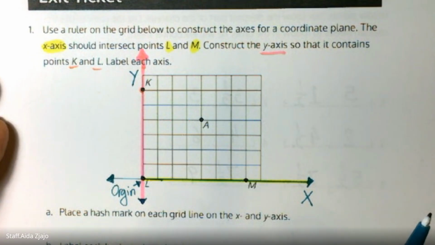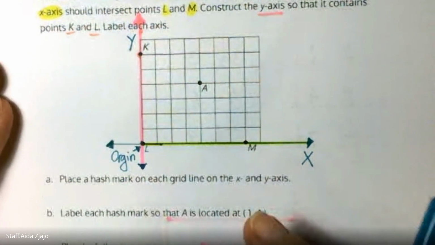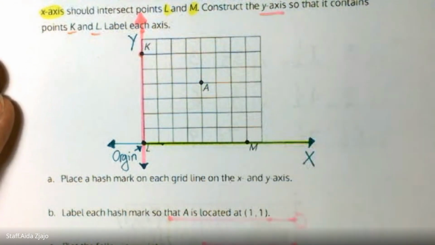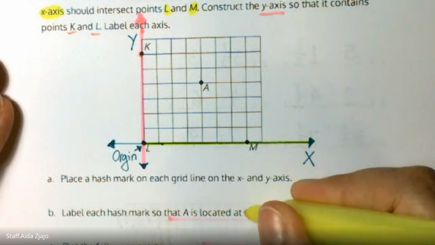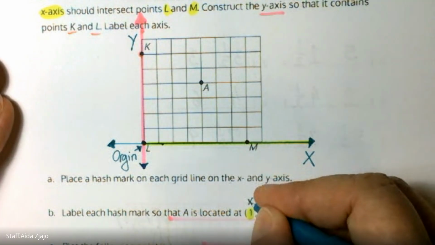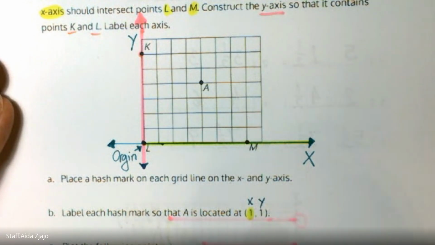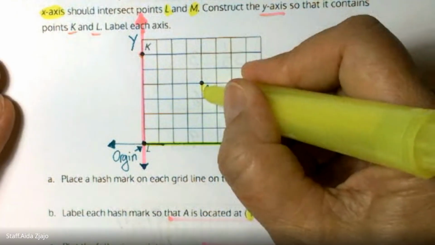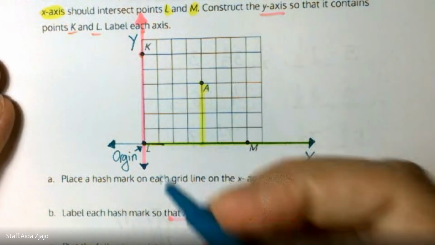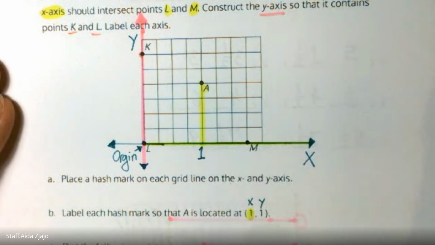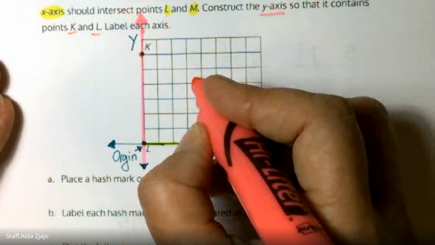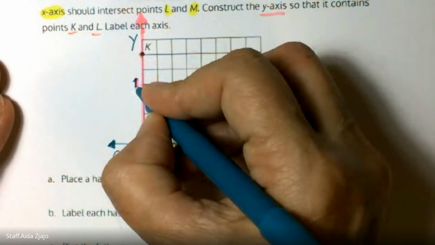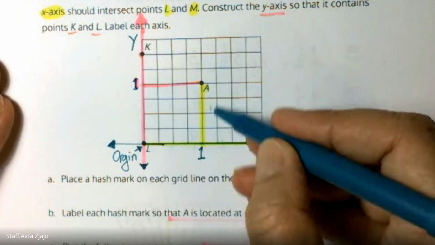A is located at 1, 1, so X is 1 and Y has to be 1. If I go from A down here, the point here has to be 1. And if I go from A to the other side, this point has to be 1. So this is 1 on y, this is 1 on x.